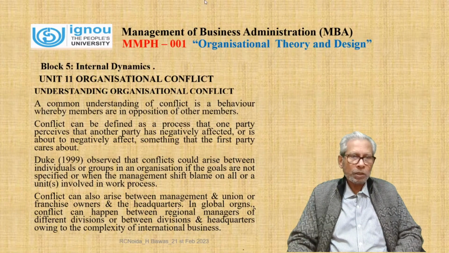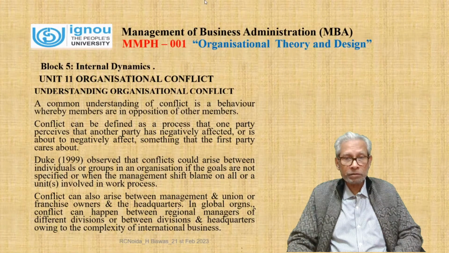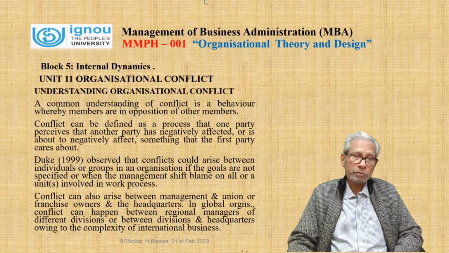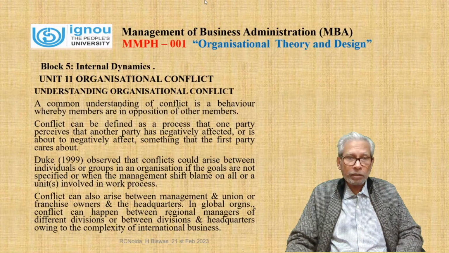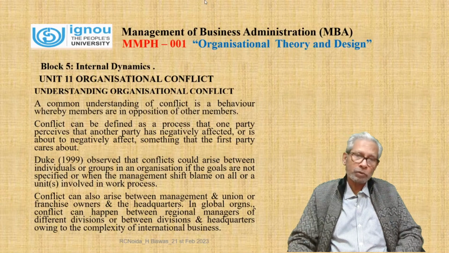Duke, in 1999, observed that conflicts could arise between individuals or groups in an organization if the goals are not specified, or when the management shifts blame onto units involved in the work process.